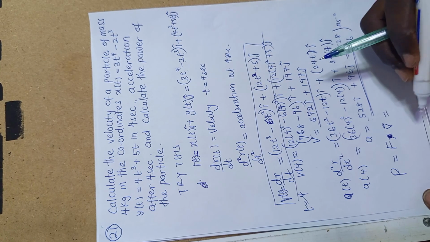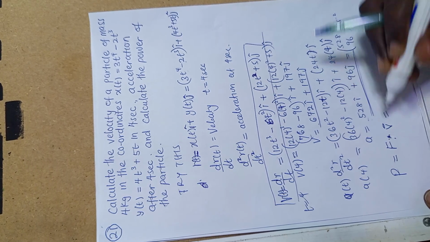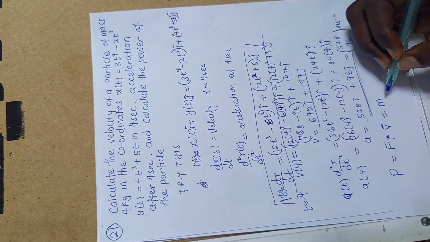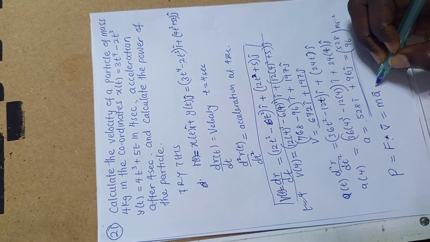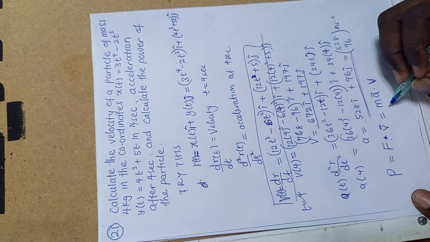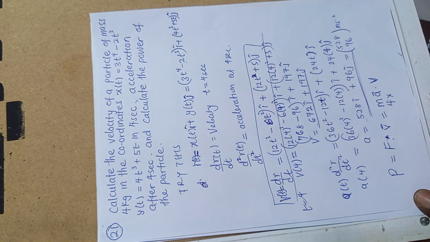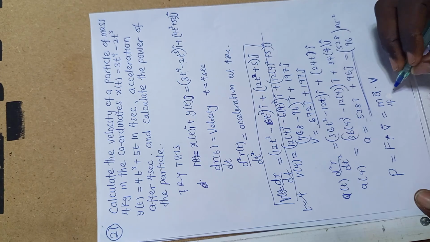Now what I will advise you to do in this case is that when you want to get force, just say mass times acceleration, dot v. So what is our m? 4, dot, don't mind me using the cross, dot.